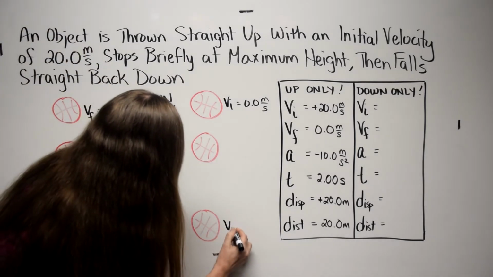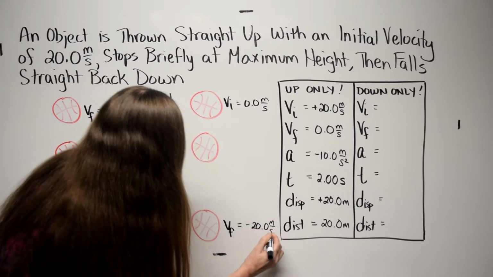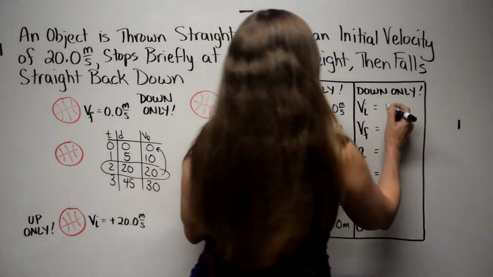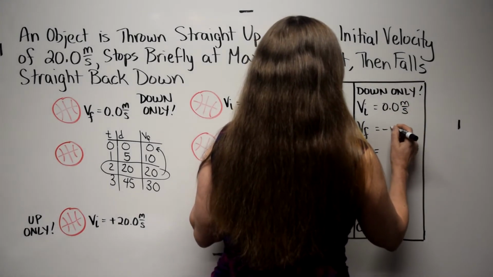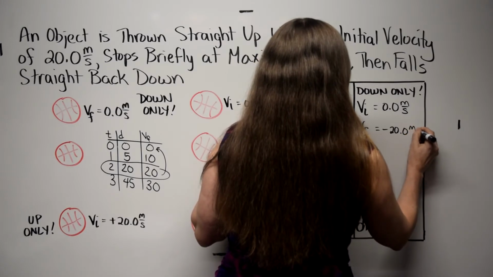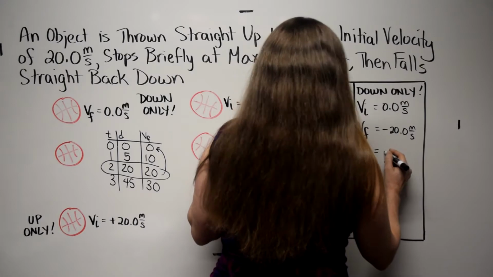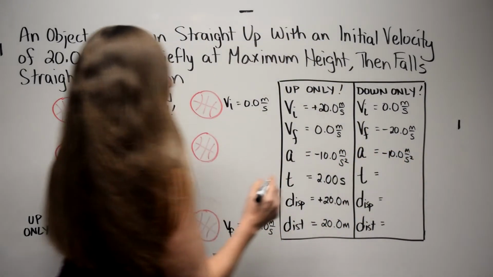So V final here is negative 20 meters per second. Let's look at down only. V initial is 0 meters per second. V final is negative 20 meters per second. The acceleration is negative 10 meters per second squared.